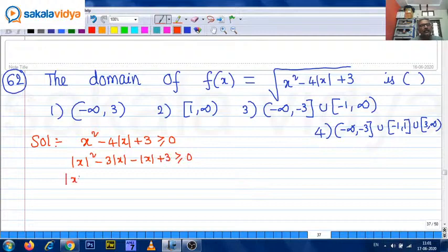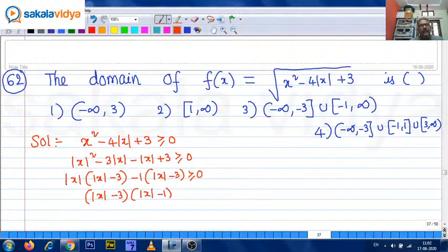So we have mod x minus 3 common, minus 1 common, so mod x minus 3 times mod x minus 1 greater than or equal to 0.